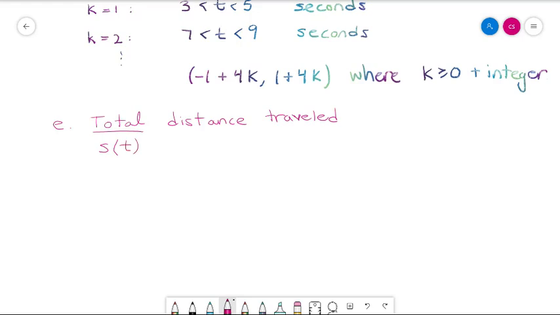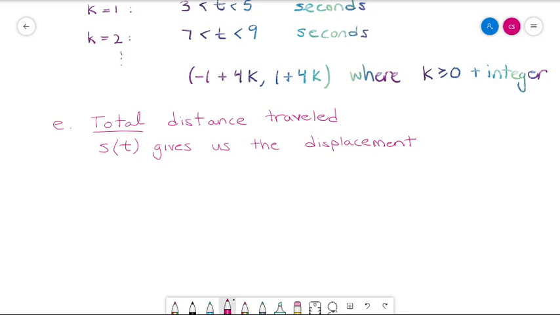S of t just gives us the displacement, the distance from the origin. So how far are we from our original spot? Not the total distance traveled.